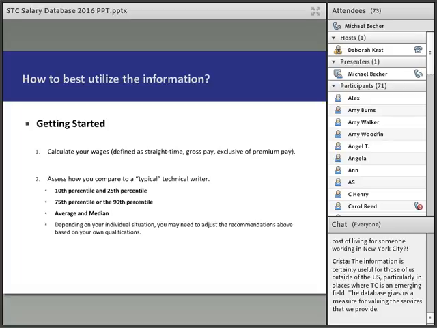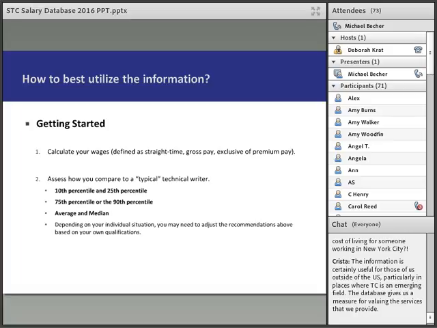So then you need to assess how you compare to a typical technical writer. And I say the word typical here just because that's a nice gauge to be able to judge yourself off of. And all of you here, you work with other technical writers, you know other technical writers. If you're a member of STC, you know the community, you know things about the technical writer profession that can give you some good insights.